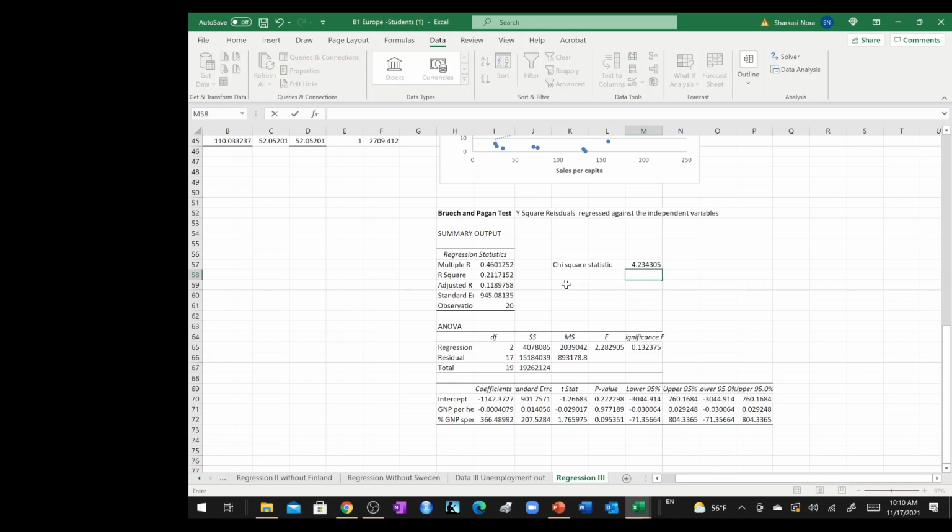Oh sorry guys, the p-value of this statistic is chi dot, or chi-square dot, was it dot inv dot rt or dot dist dot rt? Probability and degrees of freedom.